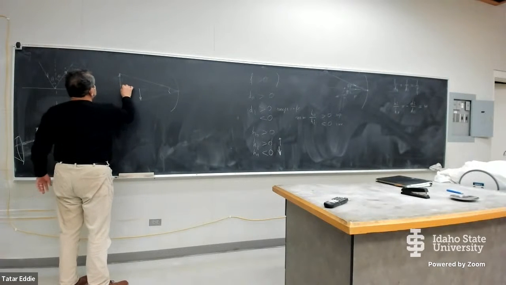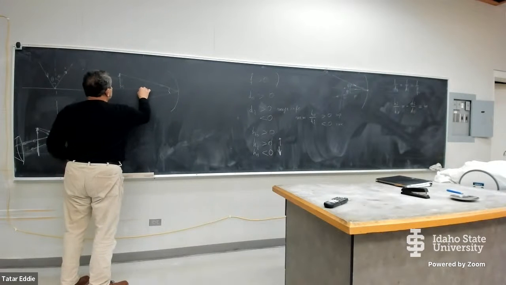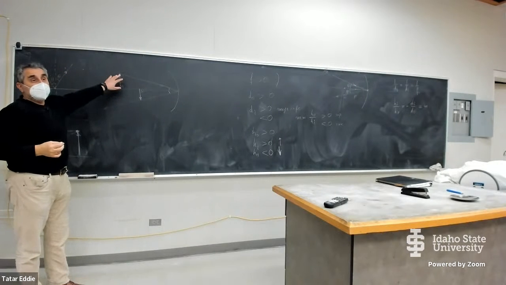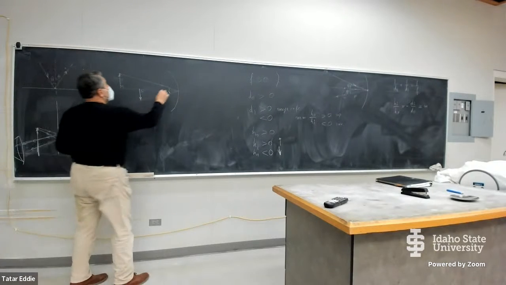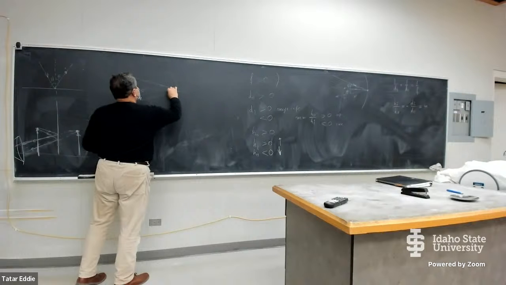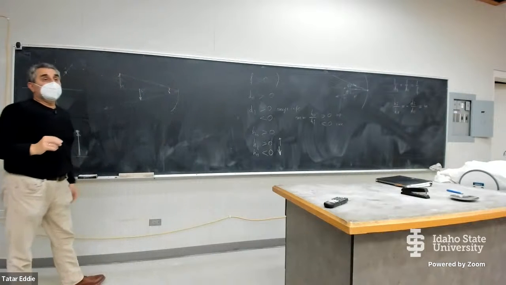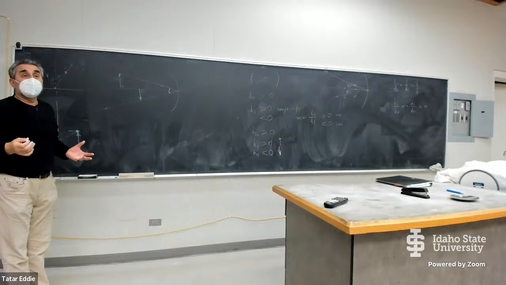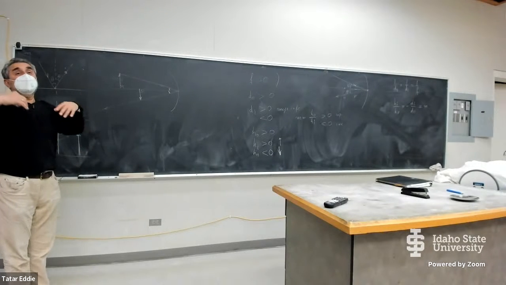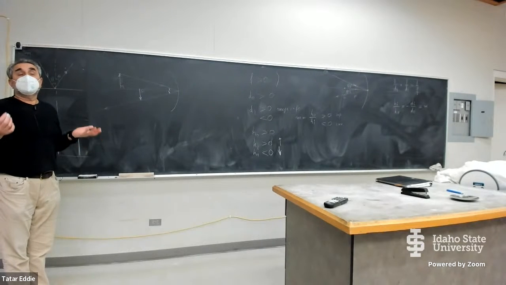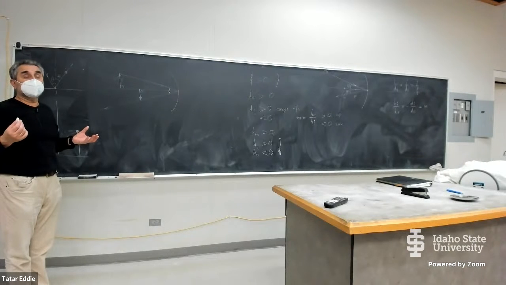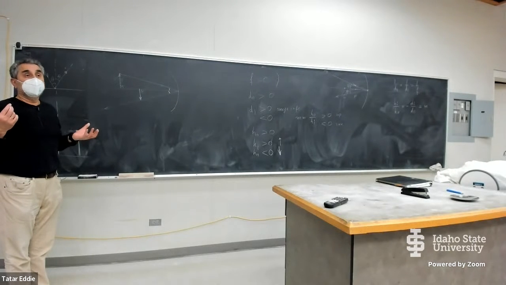Well, if the image is here, if you look at those two triangles that are formed, both of them are right triangles. They have this right angle, and this angle is equal to this angle of the other triangle. Therefore, the two triangles have exactly the same angles. And triangles like that, from geometry, we know that triangles that have exactly the same angles are similar triangles.